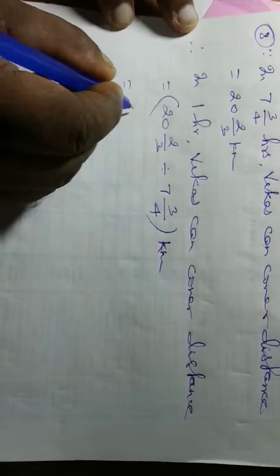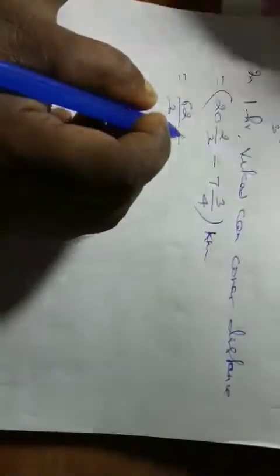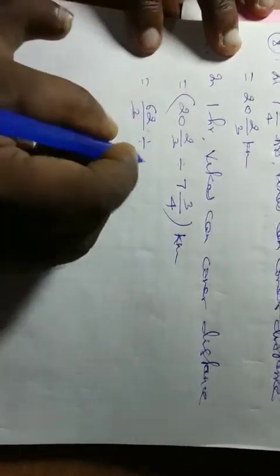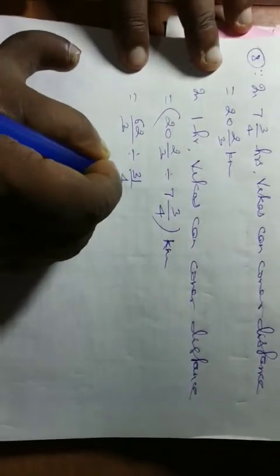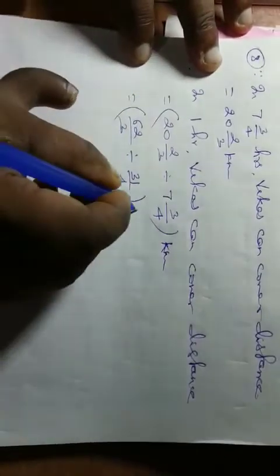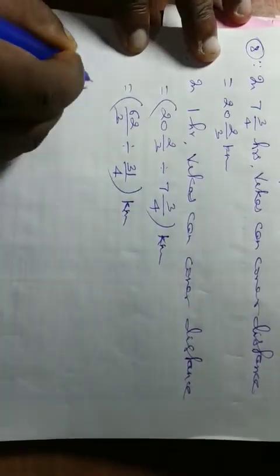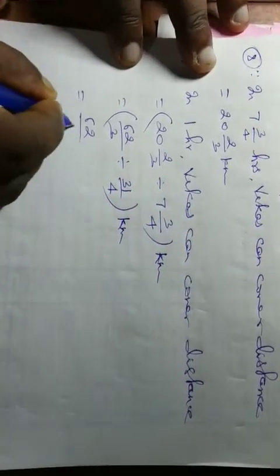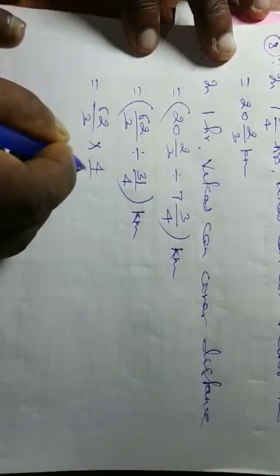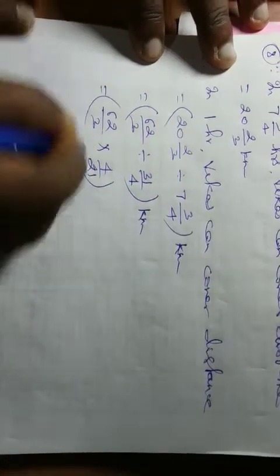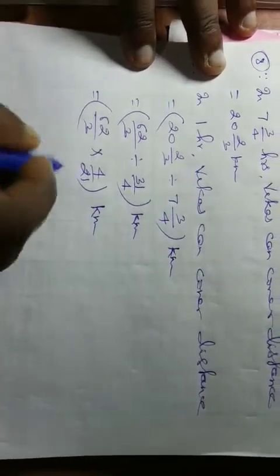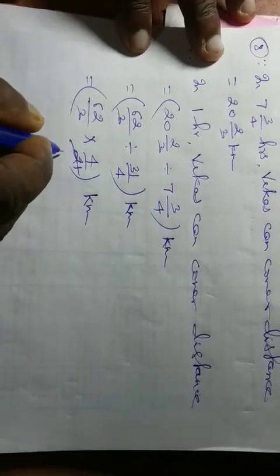23 is 60 plus 2, 62 by 3. Divide 7 4 is 28 plus 3, 31 by 4 kilometers. 62 by 3 multiplied 4 by 31 kilometers, students.